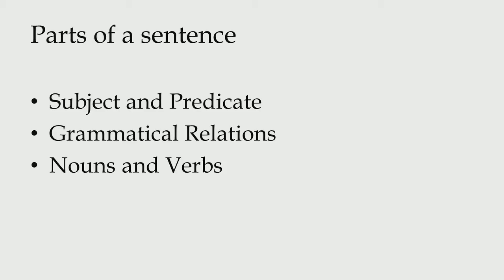These are important parts. They could be understood in a philosophical way as well, but we are trying to look at these terms from the perspective of grammatical relations, and we will be looking at the components of a sentence, parts of a sentence, in terms of their categories such as nominals, verbals, and so on.